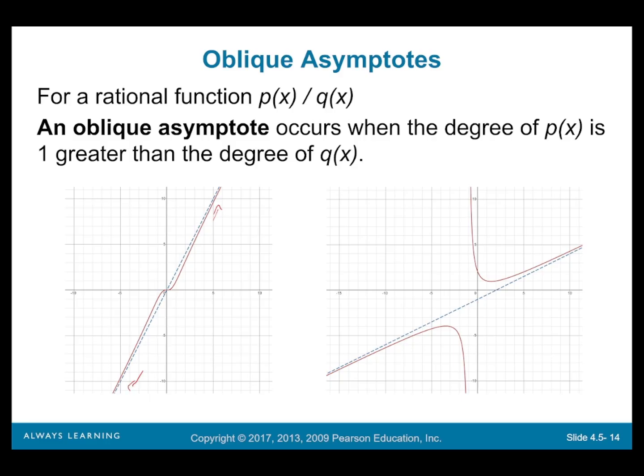It's very much leveling out at a specific line that we would like to represent. Same thing is going on for this example in here. You see how after this craziness in the middle is over, it really starts to level out, looking just like a straight line. So those are what we call oblique asymptotes, and we need to be able to solve for those as well.